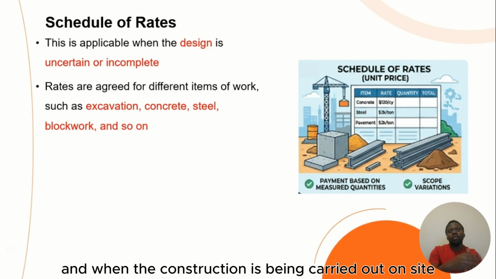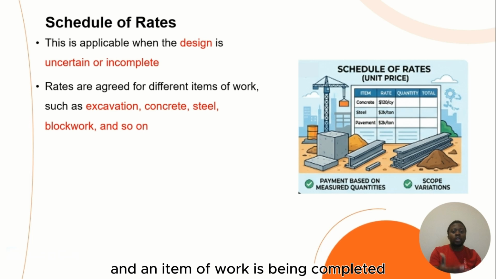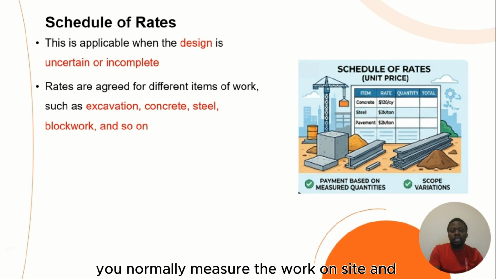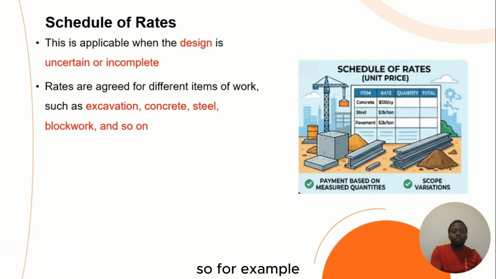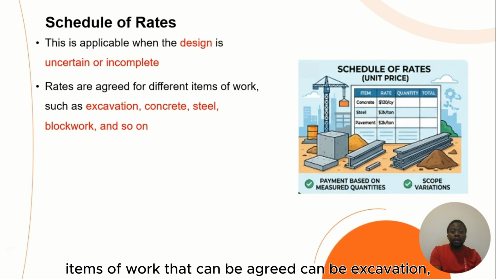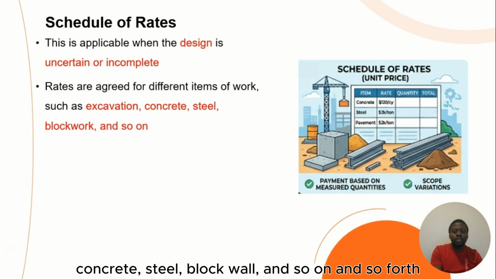When an item of work is completed on site, you measure the work and get the quantities to multiply by the agreed rates. For example, items of work that can be agreed can be excavation, concrete, steel, block wall, and so forth.